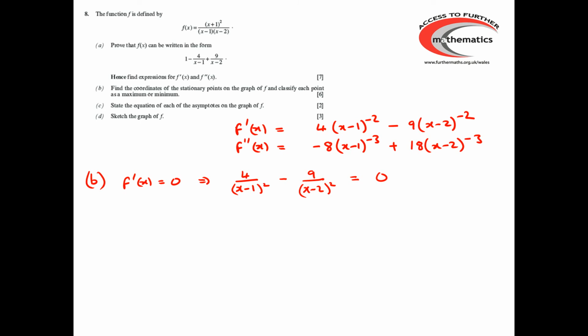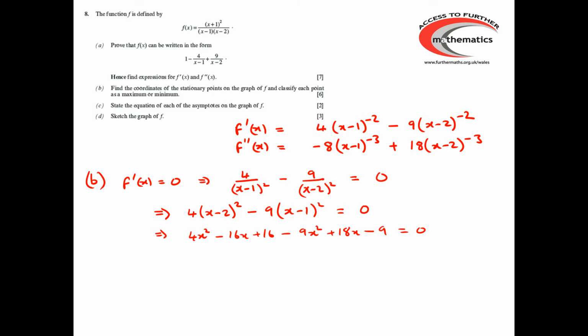Multiply through by (x minus 1) squared (x minus 2) squared to obtain 4 lots of (x minus 2) squared, take away 9 lots of (x minus 1) squared must equal 0. Expand and simplify and solve the quadratic equation to find that x is either minus 1 or 7 over 5.